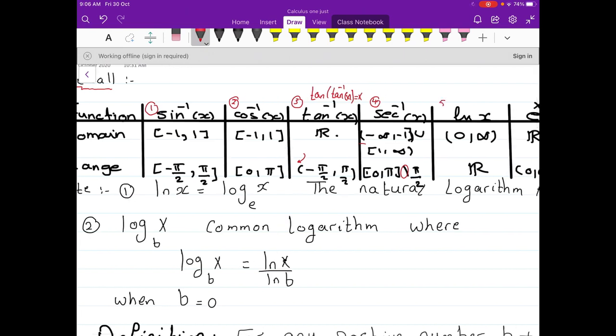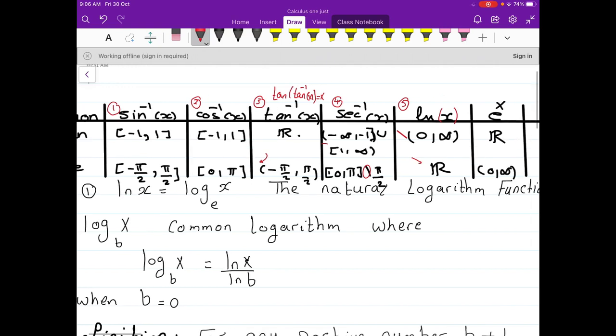And we define a new function ln x, the natural logarithmic function with base e, where the domain is from 0 to infinity, that means the input of ln must be positive. That means there is no meaning to say ln -2; ln -2 is undefined. And the range is R.